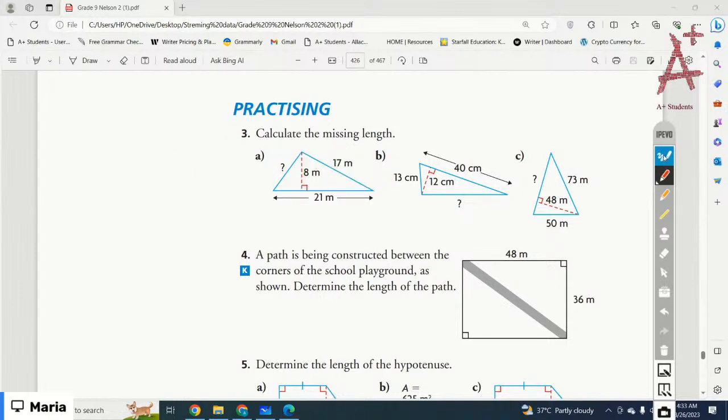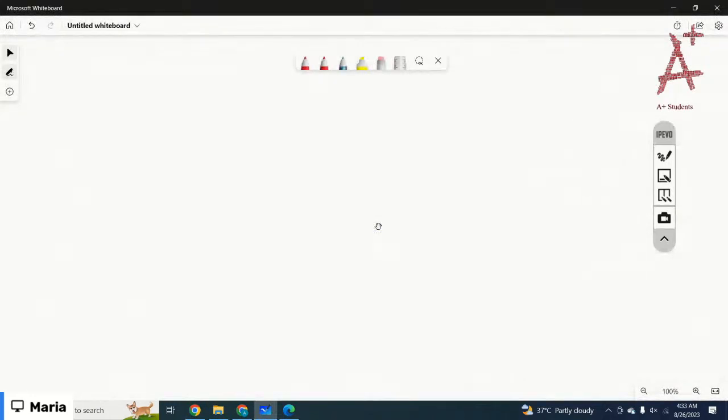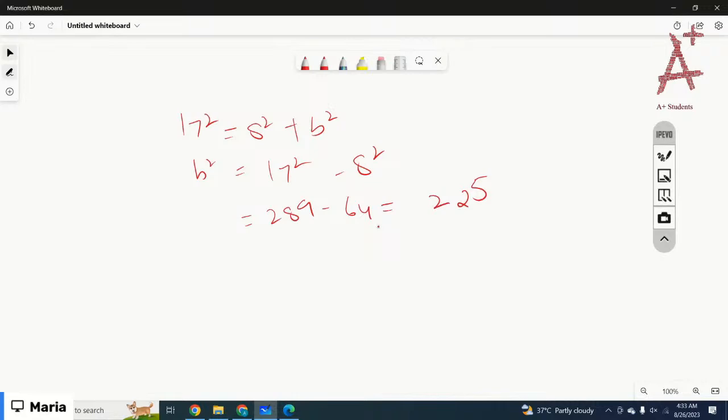So just use the Pythagorean theorem and calculate the value. 17 square equals 8 square plus b square. Move it to the other side, it would be b square equals 17 square minus 8 square. 17 square is 289 minus 64, so it would be 225.